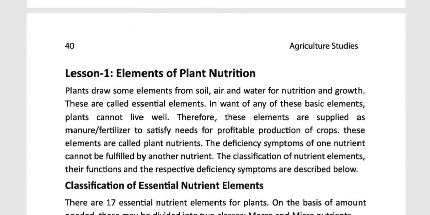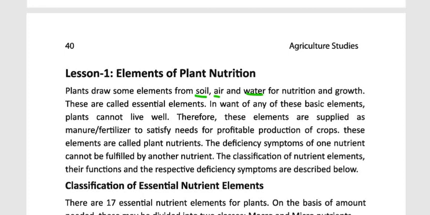Lesson 1, elements of plant nutrition. Plants draw some elements from soil, air, water for nutrition and growth. Generally, plants get their nutrition from soil, air, and water.